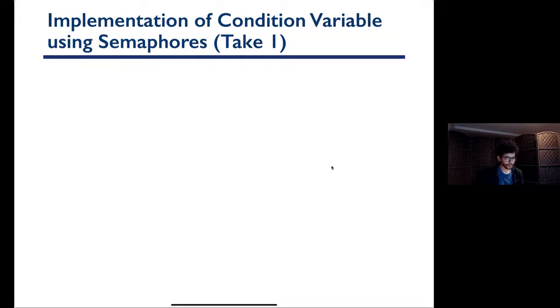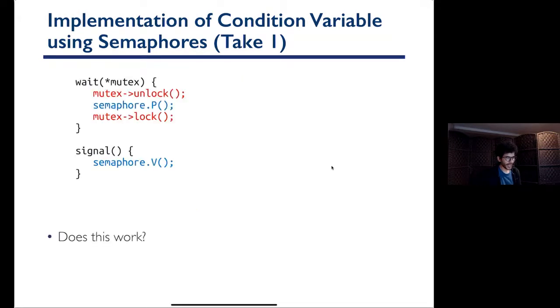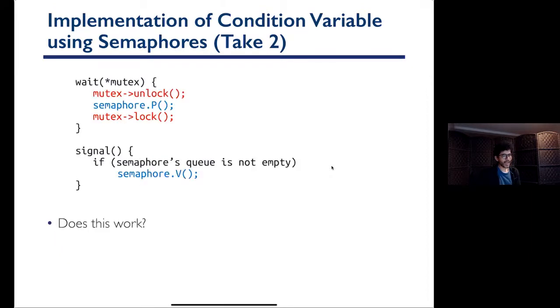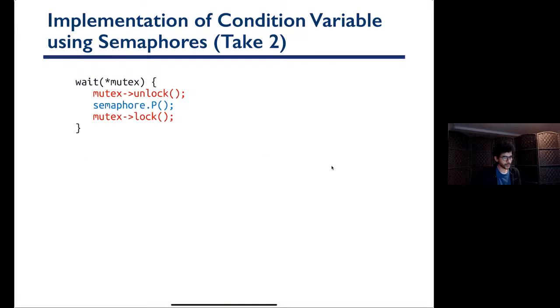Okay, now I'm probably going to move on from these. In these slides, I have tried to use semaphores to implement condition variables. Maybe I'll go over them really fast.